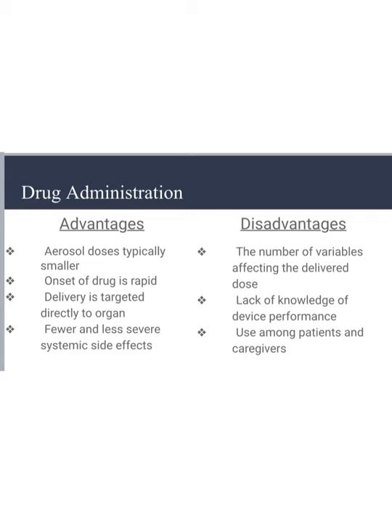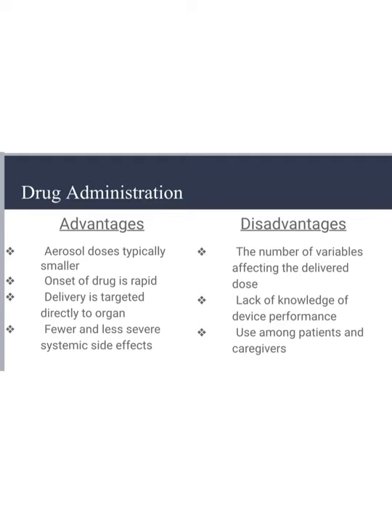So with drug administration, it's important to know the advantages and disadvantages of inhalation routes. Because of inhalation, these drugs are going right to the target organ, to the lungs. So the doses don't need to be as high because they don't have that first pass effect.